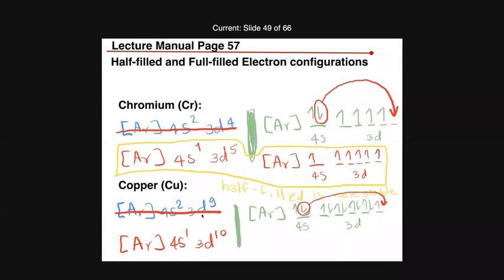In order to make the 3d a filled orbital, it's called full fill. So that means the correct one would be Ar 4s1, and 3d, 1, 2, 3, 4, 5, have to be all filled, right? Because the electron already moved from the 4s. So again, this electron configuration right here is much more stable than the above one.